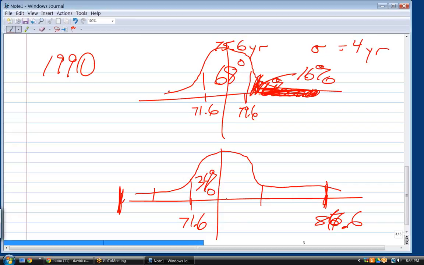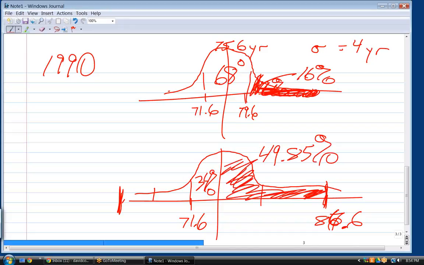And if 99.7% falls between my 2 vertical lines, then 49.85% falls right there. So then add 34 to that, and you've got your answer: 83.85%.